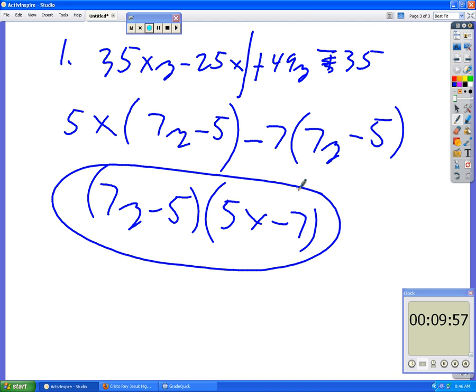What's the outside? 49y, which is over here, and that's a negative originally. Inside, negative 25x. There it is. And then negative 5 times negative 7 is a positive 35. FOIL brings me back to the original problem. This is my answer. That's how we do it.